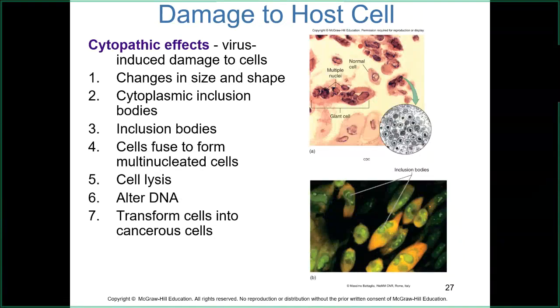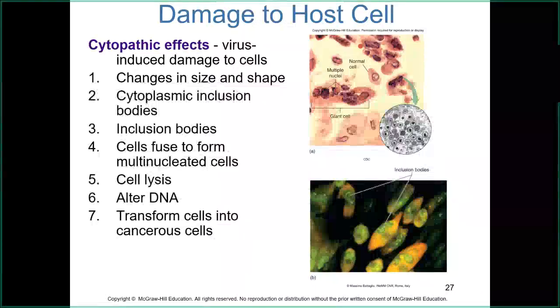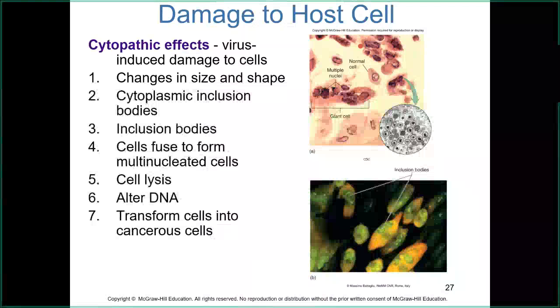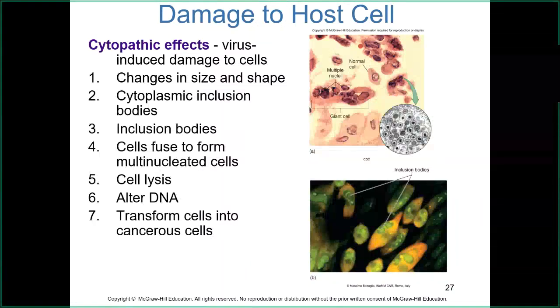And so the upshot is infected cells will exhibit evidence of viral infection. Sometimes the type of effects we see are so specific that it lets us identify the particular virus that's causing the infection.